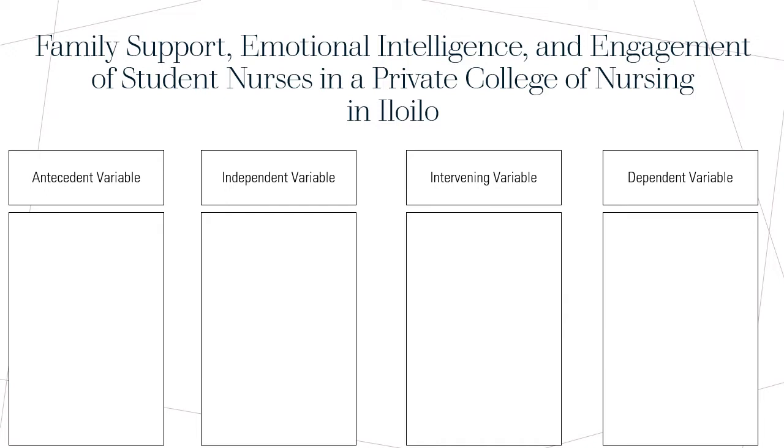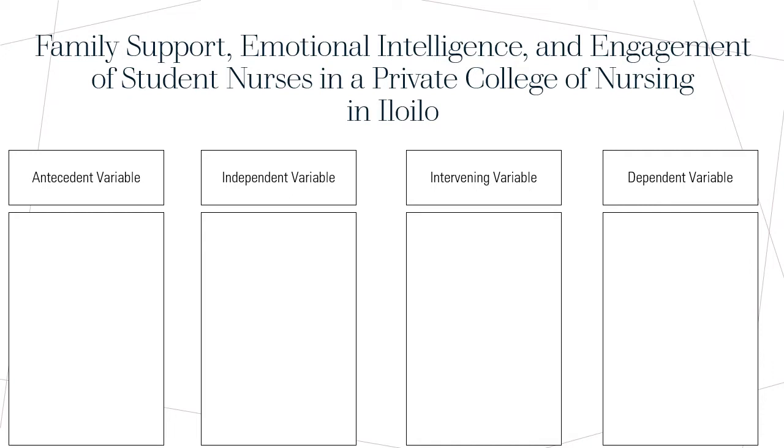Now, if I will be stating my general objective, which is one type of objective, I could say this study aims to determine the level of family support, the level of emotional intelligence and engagement of student nurses in a private college of nursing in Iloilo.